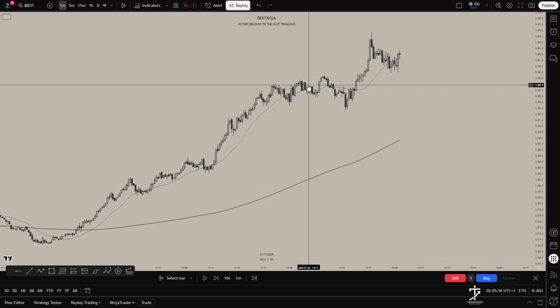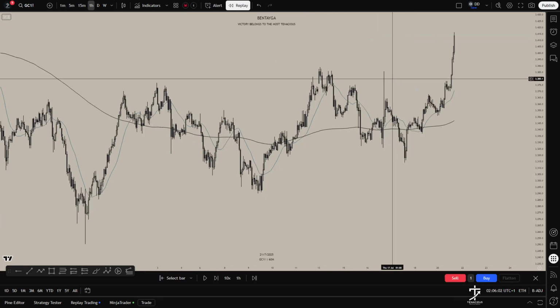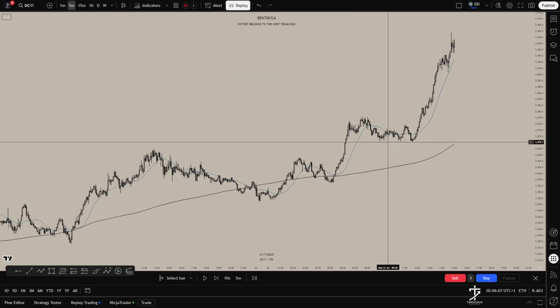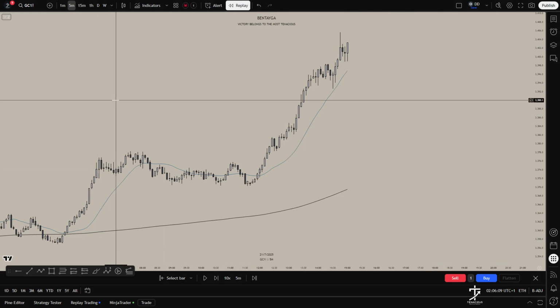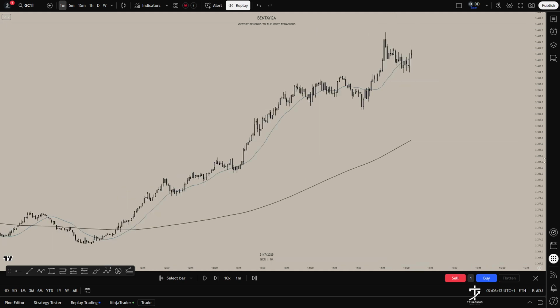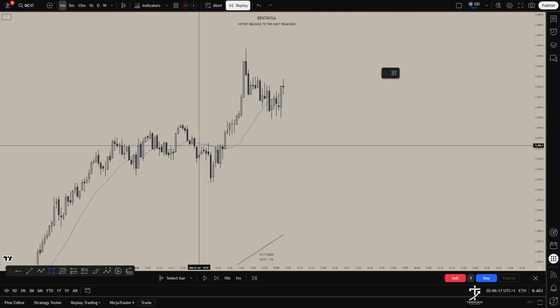And then for gold, if I go to my 1 hour chart, price is bullish. If I go to my 5 minute chart, price is also bullish. If I go to my 1 minute chart, price also should be bullish. Yep. So all we're gonna be doing is looking for continuation, and we have this area here.